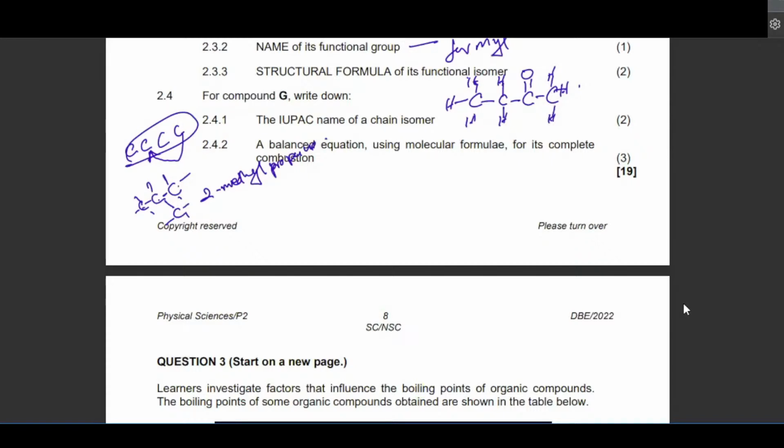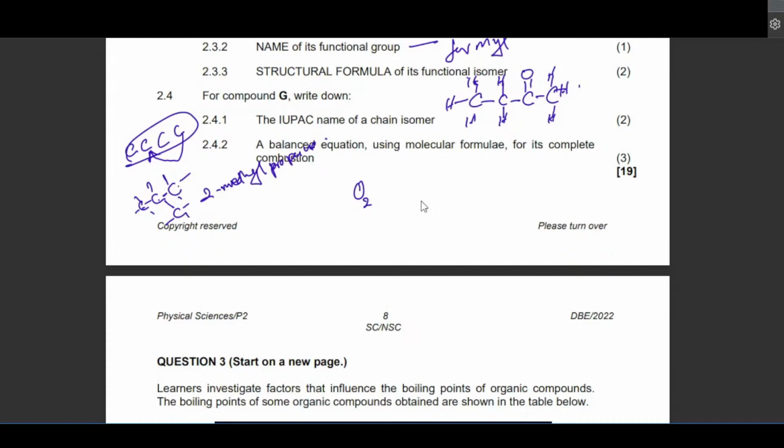Then the balanced equation using the molecular formula for its complete combustion. Whenever they talk about combustion, your answer must add oxygen there, and you leave space for balancing.